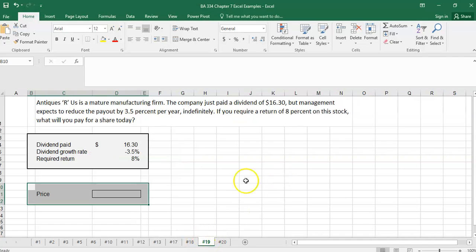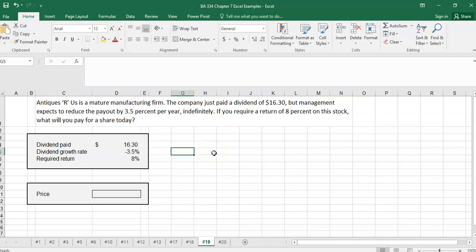So we've been looking at forward growth. And this is a company that's actually going to start having negative growth in its dividend payment. So they're a mature company and they're going to reduce their dividend payment by 3.5% per year. We still use the required rate of return or the dividend growth model formula.